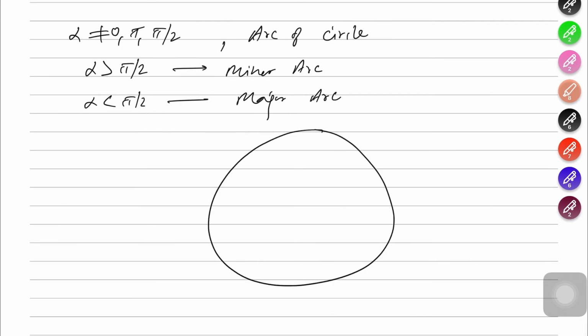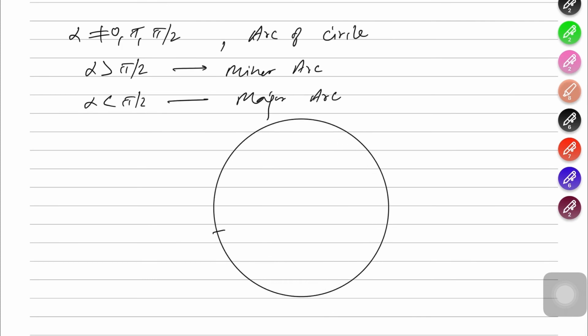Okay, that means you can clearly see here. Suppose this is z1, this is z2, this is alpha.